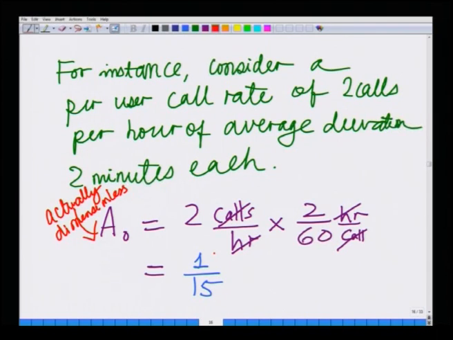We said 1 call per hour into 1 hour per call. We say this dimensionless quantity is measured in units of erlang. Hence, although strictly speaking A naught, the traffic, is dimensionless, it is assigned the unit of erlang.